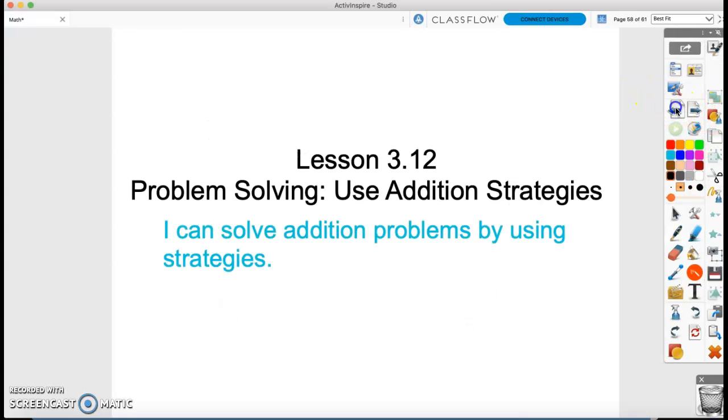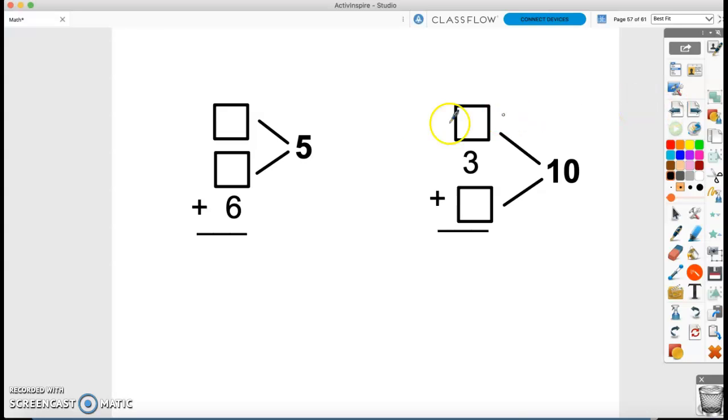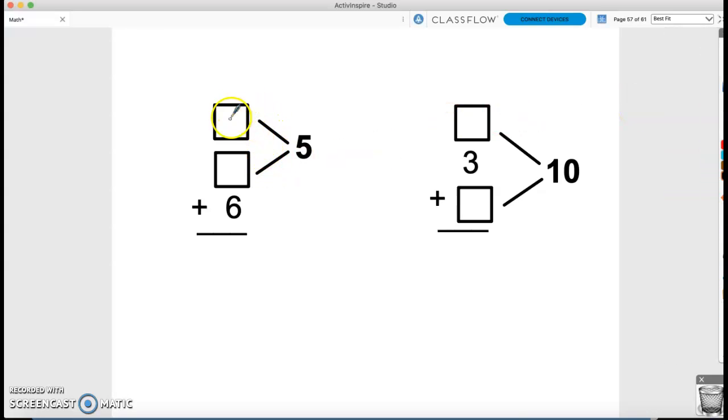So let's try this. This time we have to figure out which 2 numbers would come over here and what the answer would be. So I have 5.